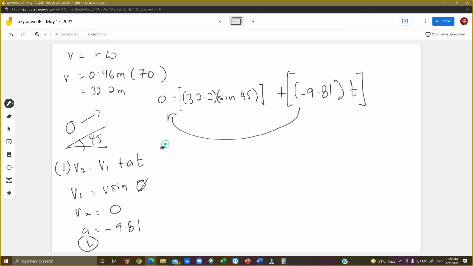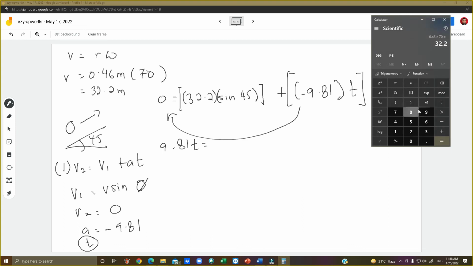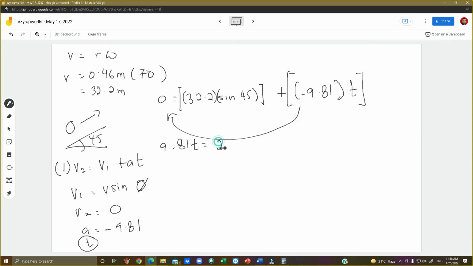We have 9.81 T equals 32.2 sin 45, which is 22.77.